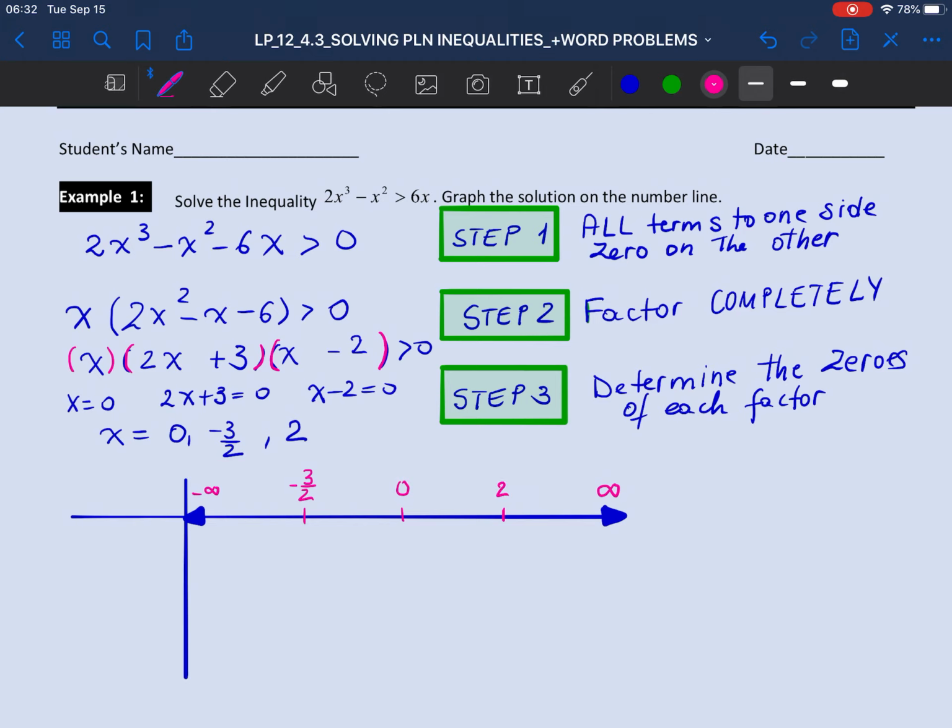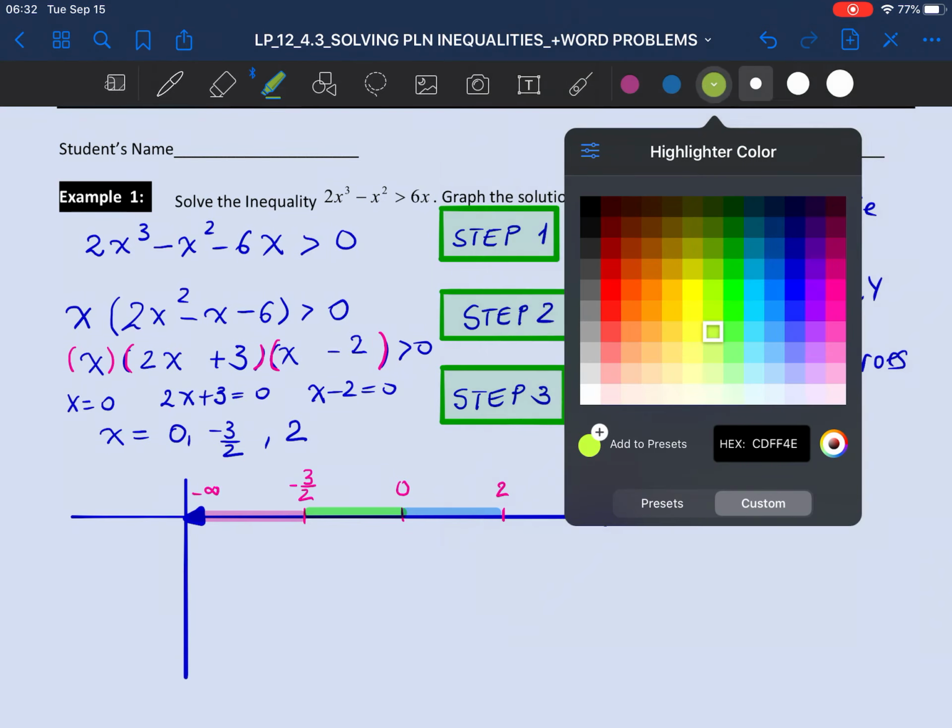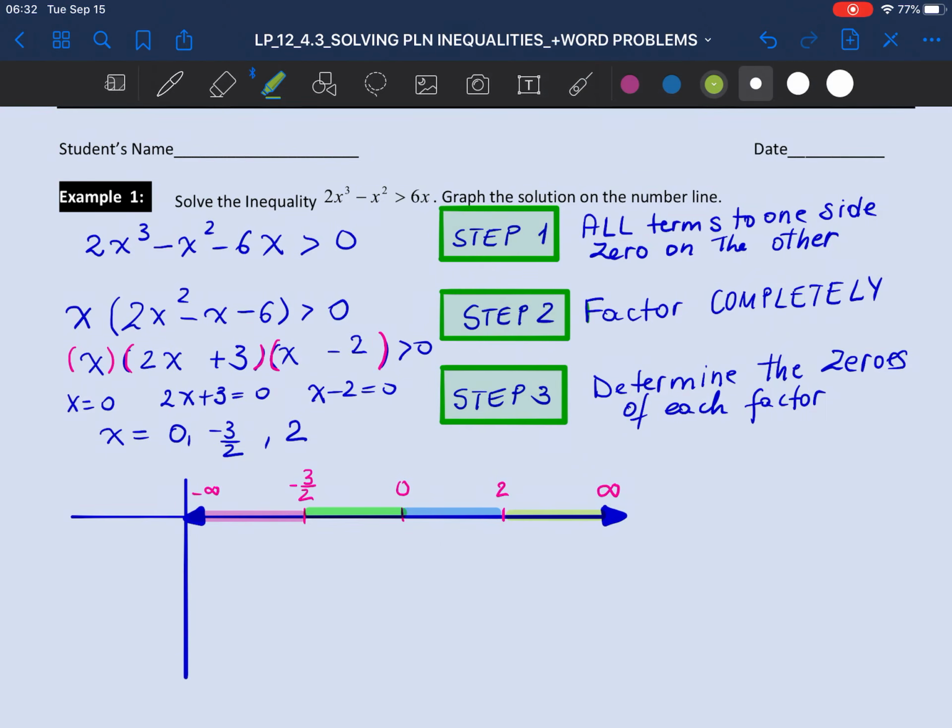Now the zeros have divided the number line into 4 intervals. So from negative infinity to negative 3 over 2, and then negative 3 over 2 to 0, and then 0 to 2, and last but not least, from 2 to infinity.